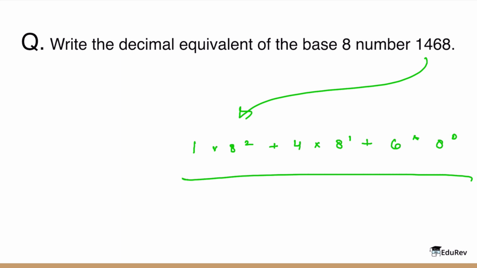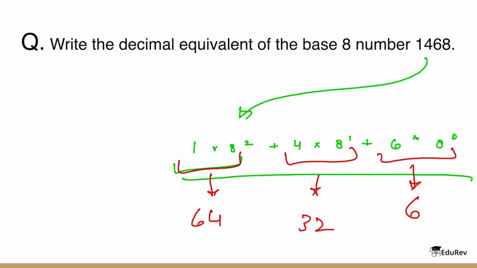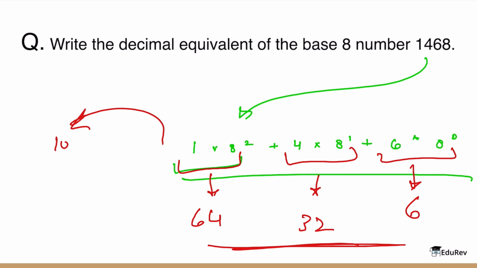I can write it in this format. So if I elaborate it, this is nothing but 64, this is nothing but 32 and this is nothing but 6. So if I add all these, it's going to be 102. Correct?